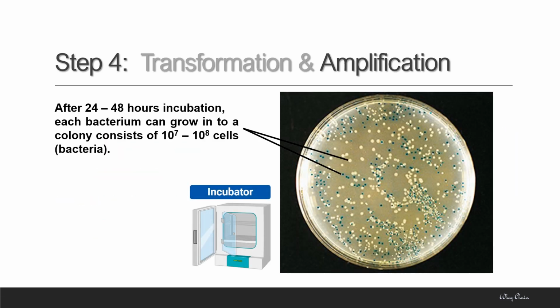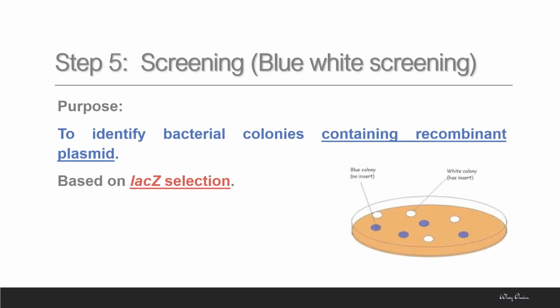After the incubation, we can observe the colonies formed on the surface of the agar plate, even with naked eyes. But why do we have two colors of colonies, blue and white? It's because the last step of gene cloning is screening, which is also called blue-white screening.